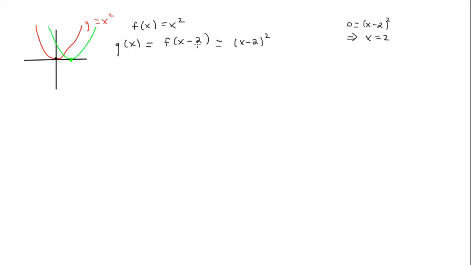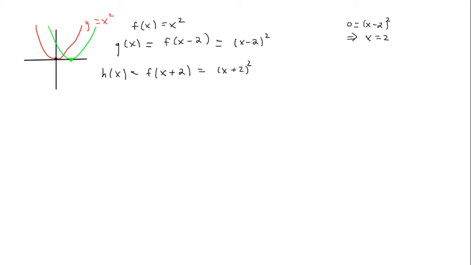Okay? So subtracting inside, and what I mean by inside is that you've subtracted before you have applied the function, gets us horizontal shifts, and subtraction goes to the right instead of the left. Now if we had added, so for example, let's say h of x equals f of x plus 2, then this would be (x plus 2) squared.